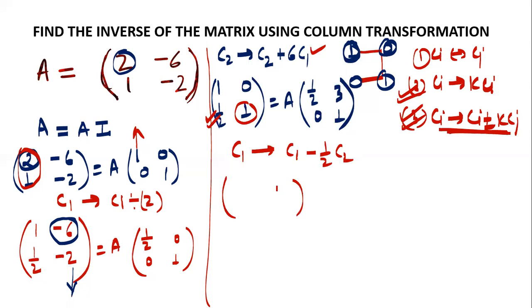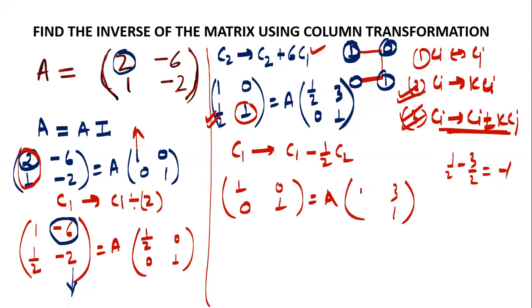C2 will remain as it is. We are making change in C1 only. C1, that is 1 minus half into 0, that is 1 only. Half minus half, that is 0. Half minus 3 by 2, that is minus 1. 0 minus half, that is minus half.